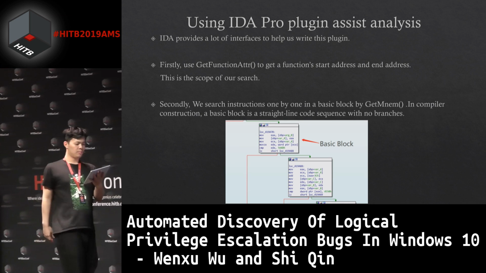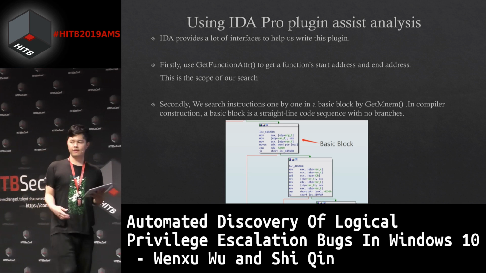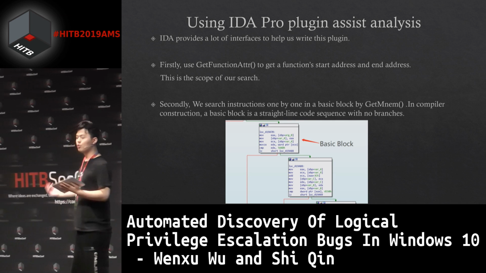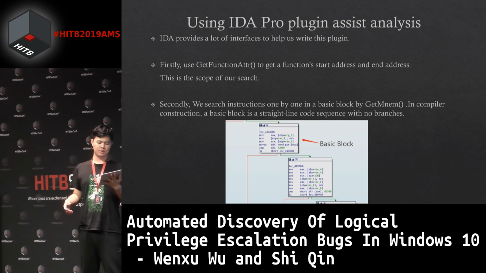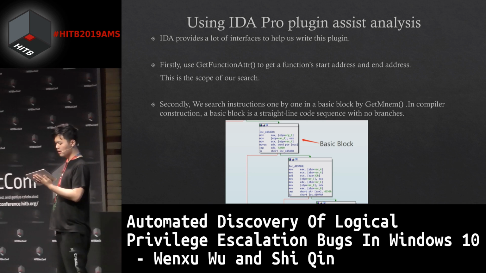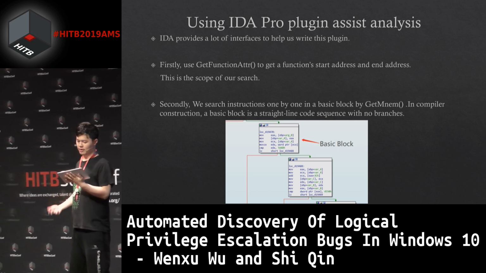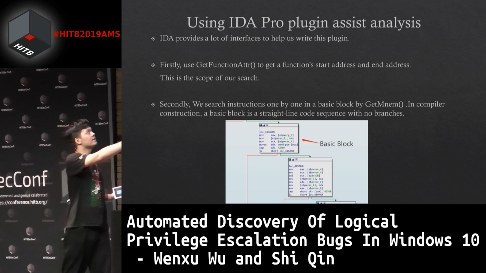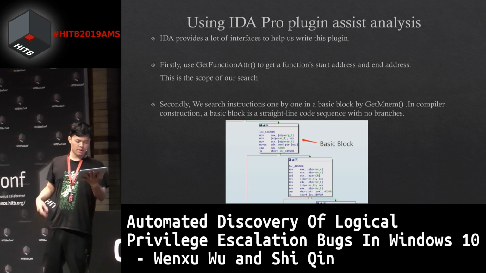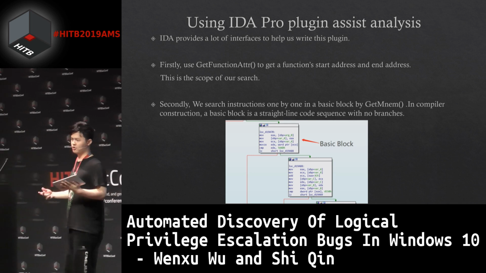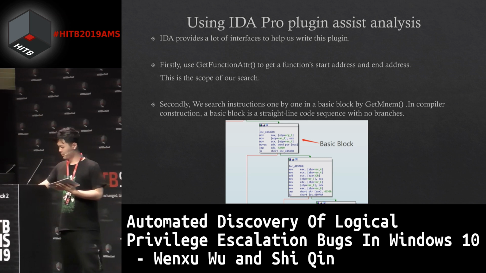IDA actually provides a lot of interfaces to help us write plugins. We could use get function attributes to get a function's start address and end address. And then we could use basic blocks. In compiler construction, a basic block, you could see in these pictures, is a straight-line code sequence with no branches.